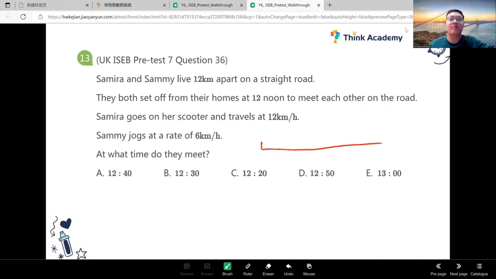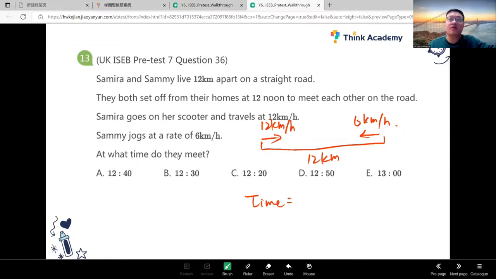It's a meeting problem. We know the distance, which is 12 kilometers. The speed of Samira can be 12 kilometers per hour, and the speed of Sammy 6 kilometers per hour.